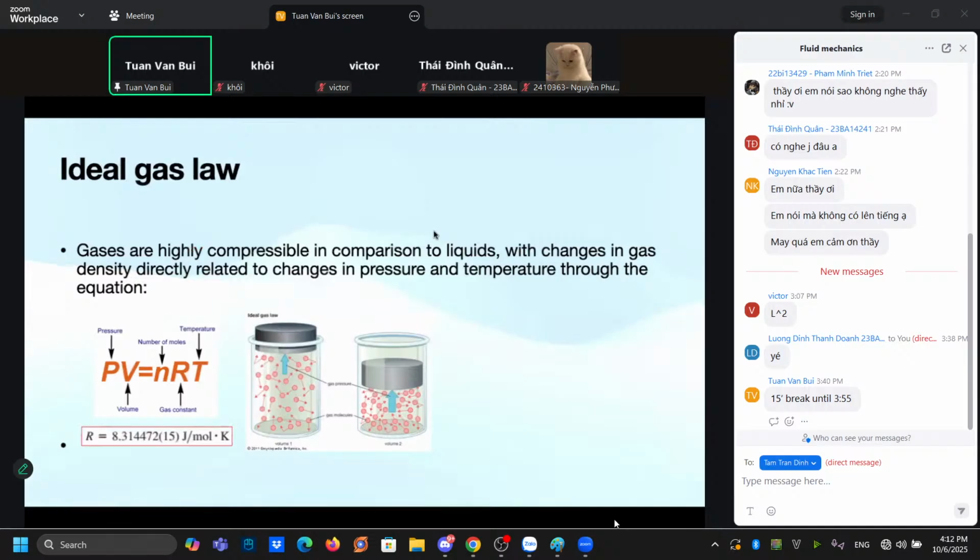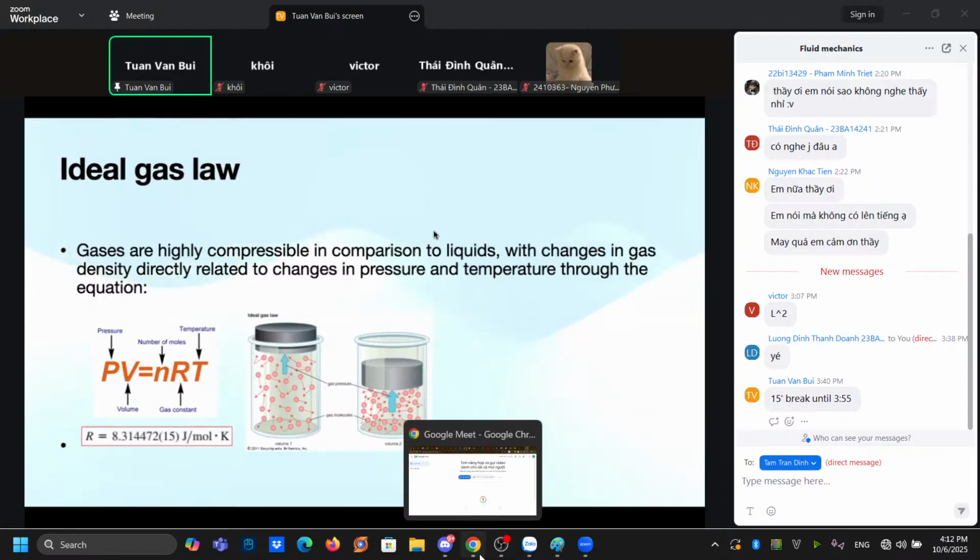Now let's move to the ideal gas law. This is important for gas.